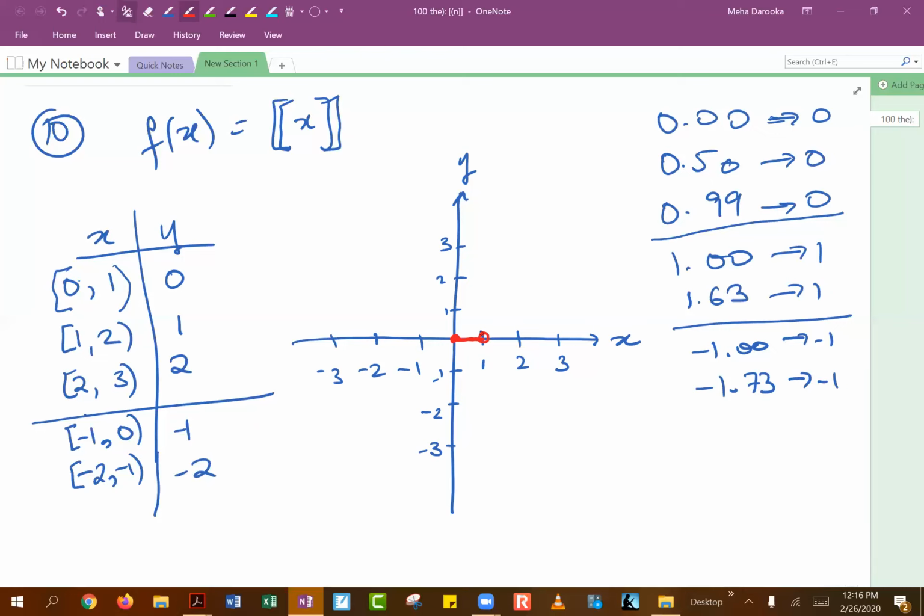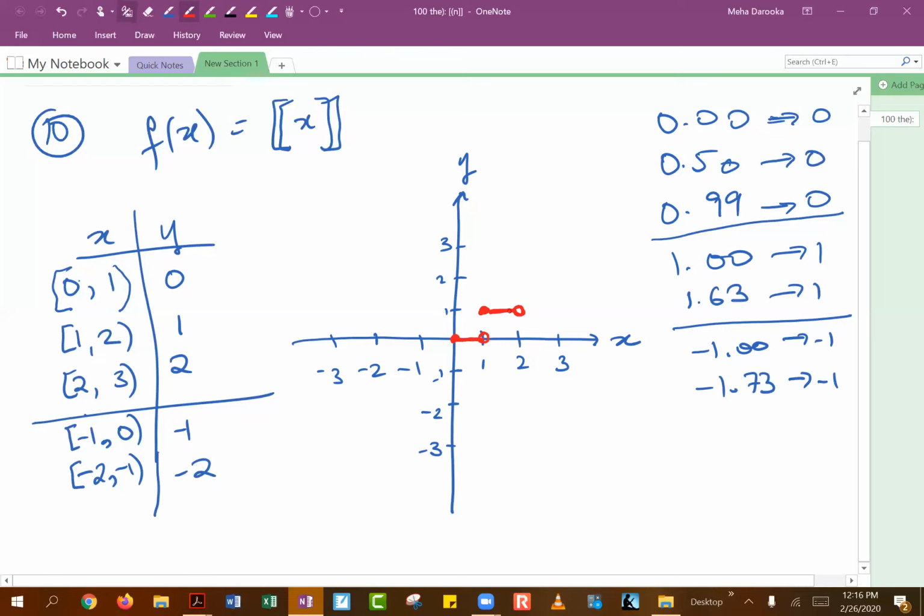Then when we are between 1 and 2, which is this side here, our y values are actually going to be 1. So we'll have our step right here. From 1 to 2 we are at 1, which means a closed circle at 1, 1, open circle at 2, 1, and that's your little step.